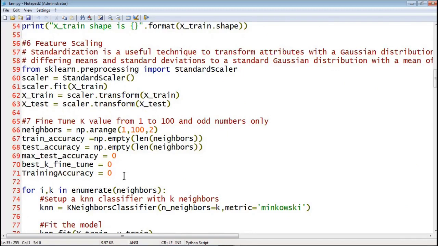At lines number 59 to 63, it applies feature scaling. Standardization is a useful technique to transform attributes with a Gaussian distribution and differing means and standard deviations to a standard Gaussian distribution with a mean of 0 and a standard deviation of 1.